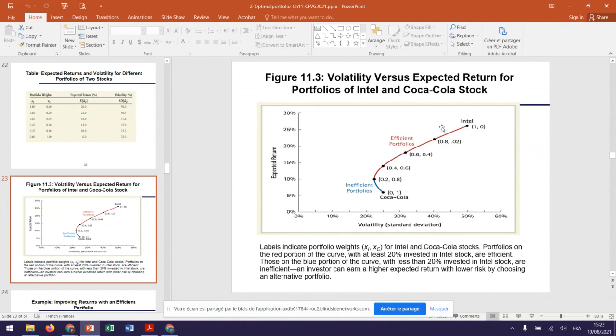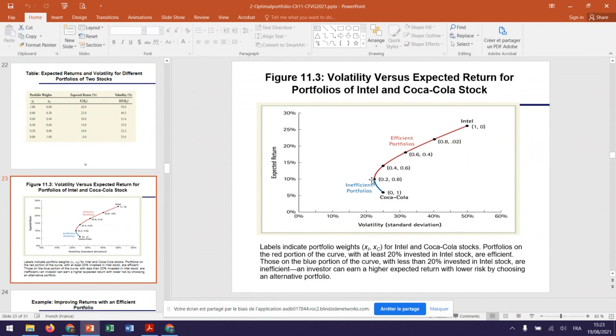The red zone is where the portfolios are efficient, just with different levels of risk preference. If your risk preference is to accept the highest volatility to maximize your return, you may hold Intel completely. But if you are an investor who prefers a little lower volatility, because each investor may have a different risk capacity, you can move along this frontier.